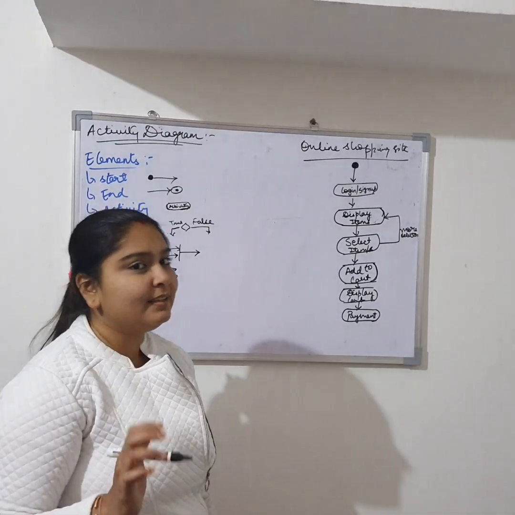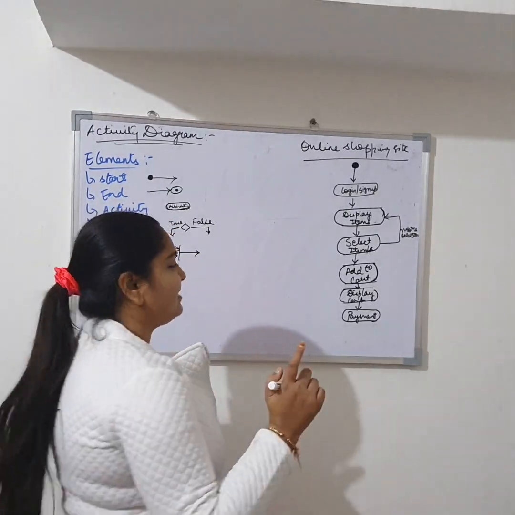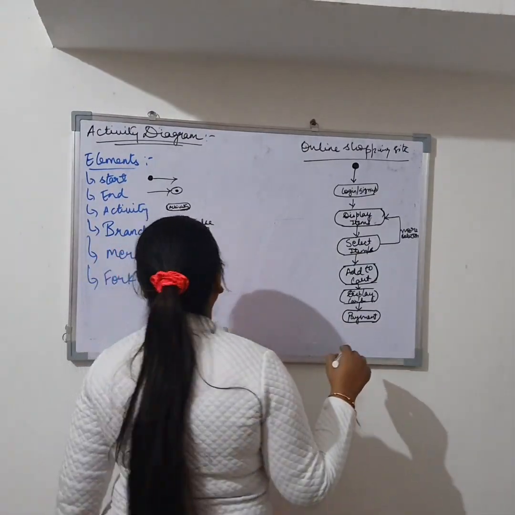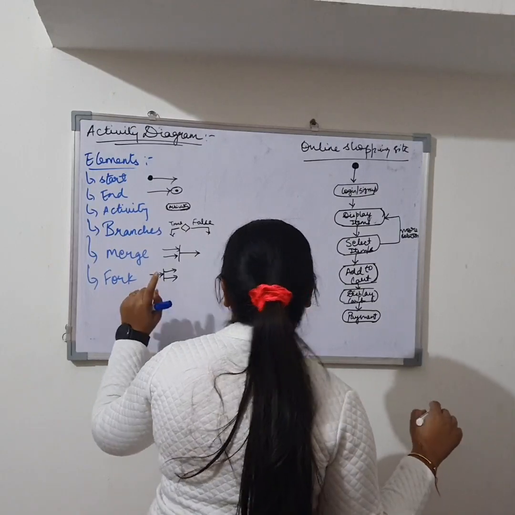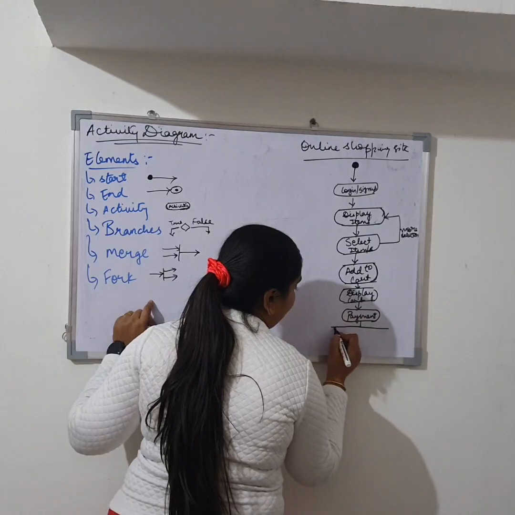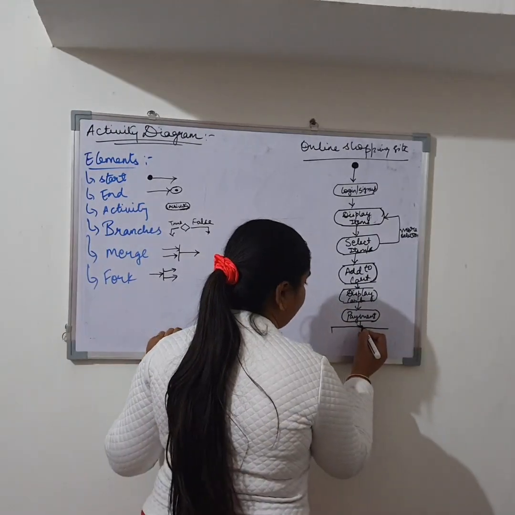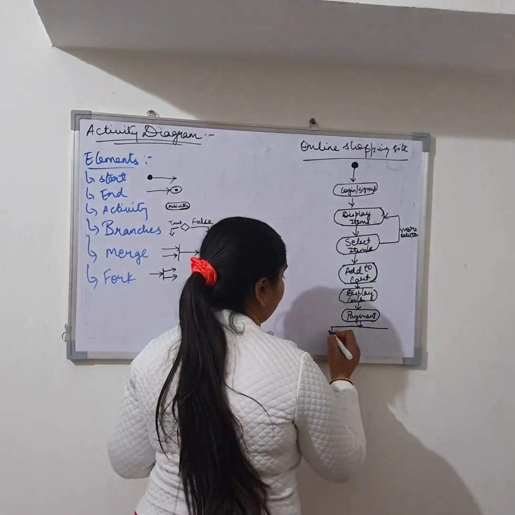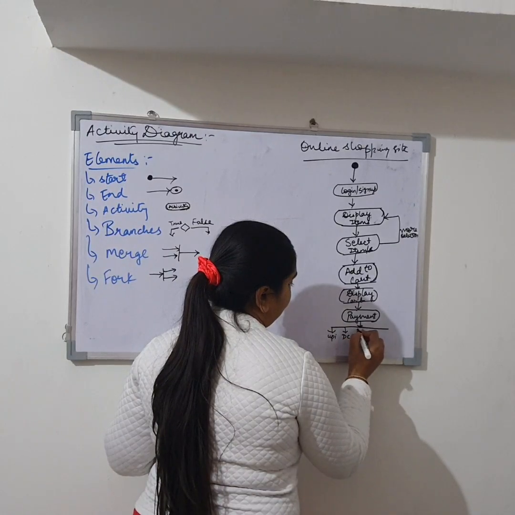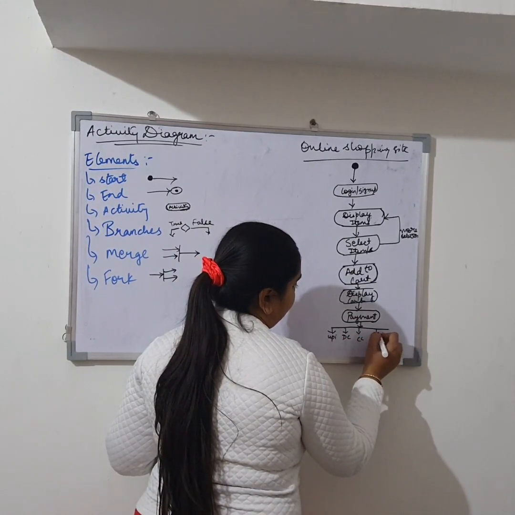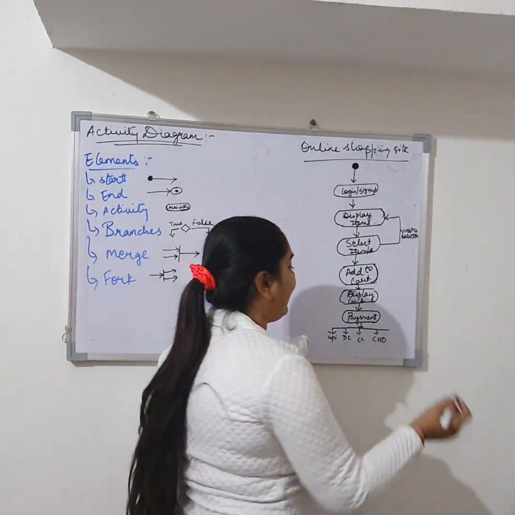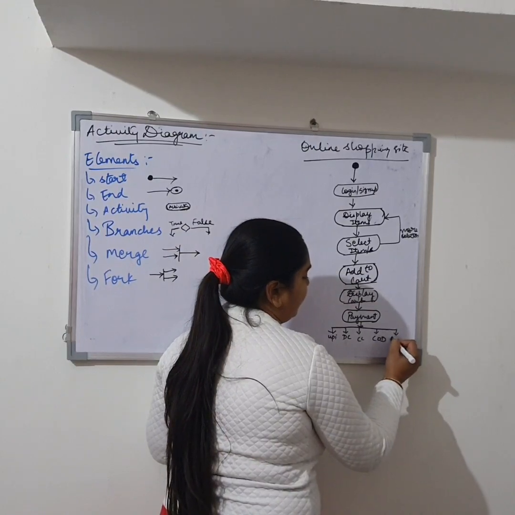And here my activity does not stop, because as of now we have so many payment methods. So here we will be using fork. I can use UPI, I can use debit card, I can use credit card, I can use the COD option, and one more, that is pay later.